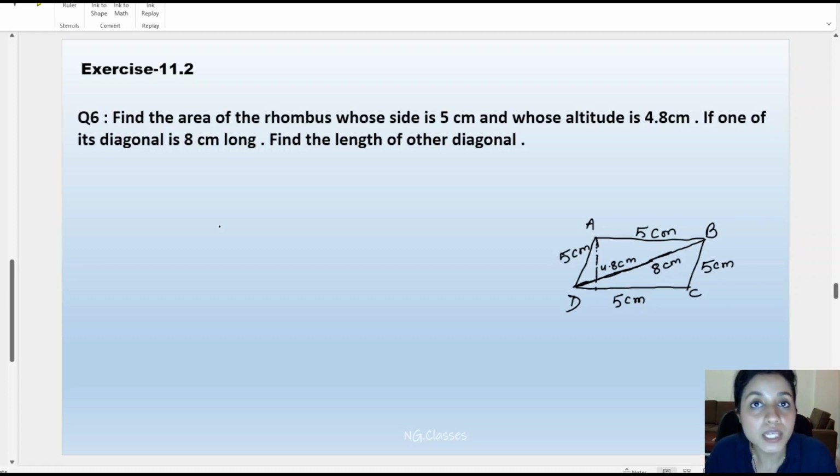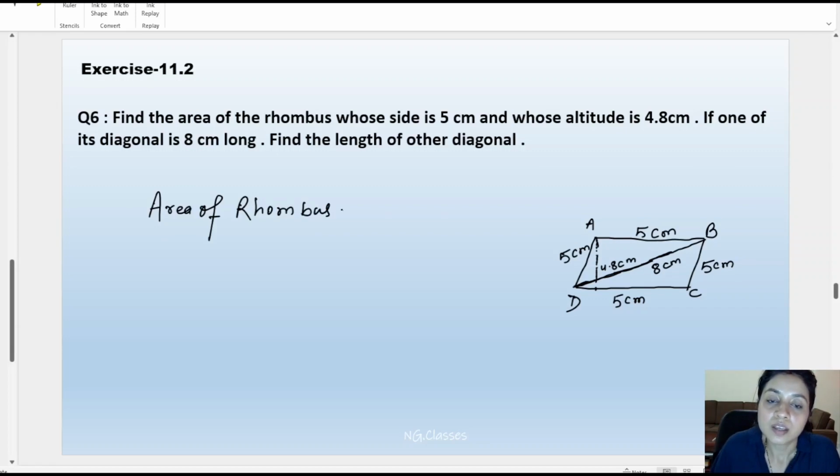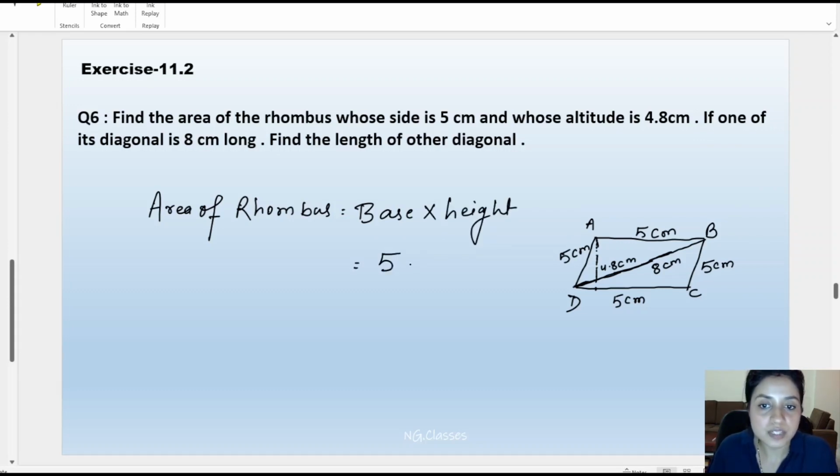So to find the area of the rhombus, we can also use the formula for the area of a parallelogram, that is base times height, right? Let's do the multiplication. So the base is 5 cm and the height, the altitude, is already given as 4.8 cm. So we got 24 centimeters squared.